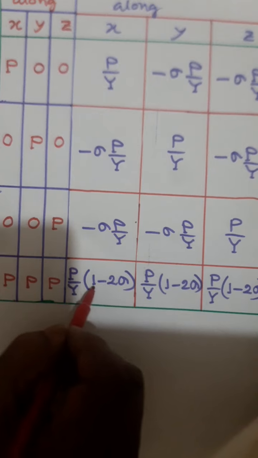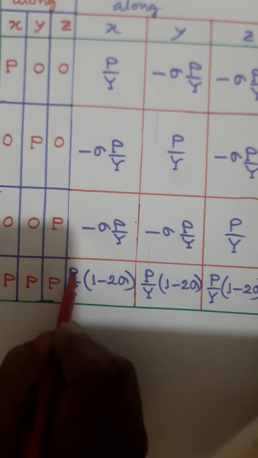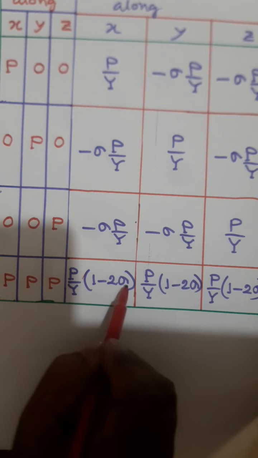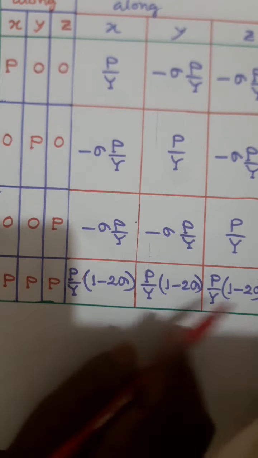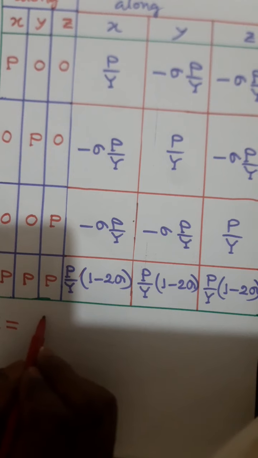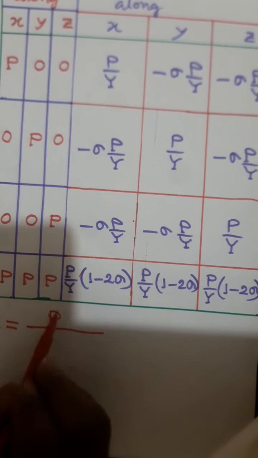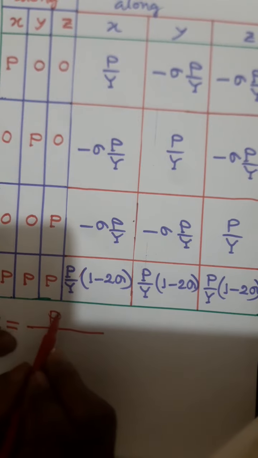The longitudinal strain in each direction will be P by Y into 1 minus 2 sigma. Therefore, the bulk modulus K equals volume stress P divided by volume strain.